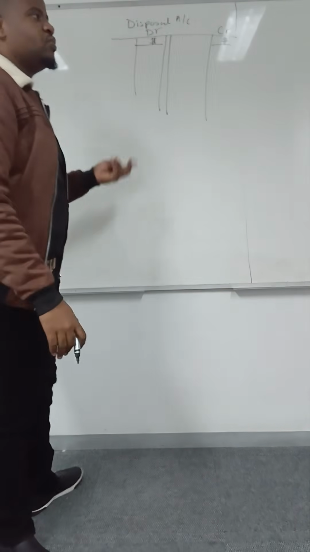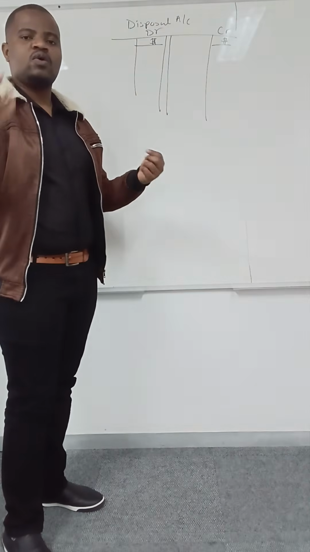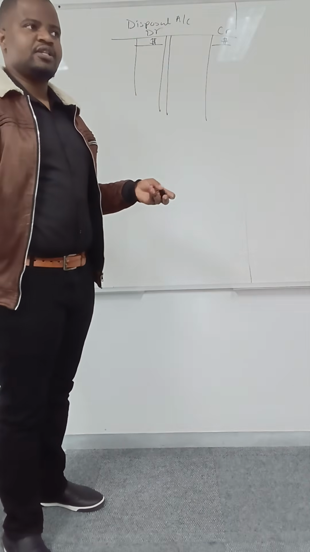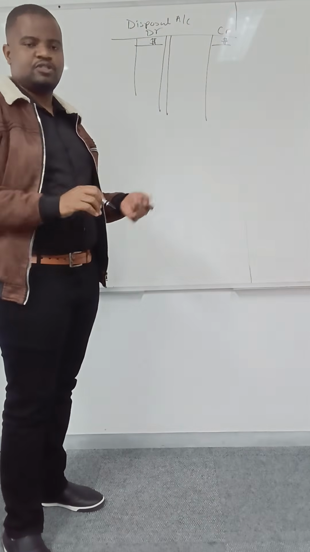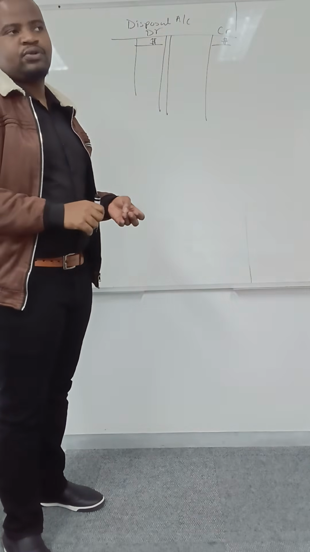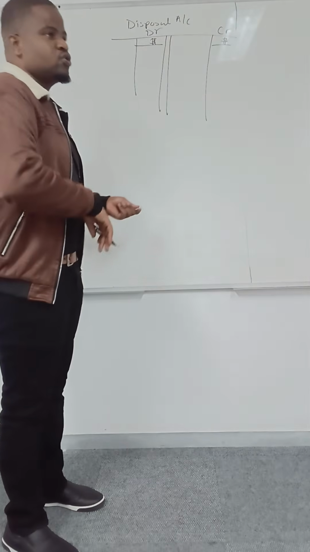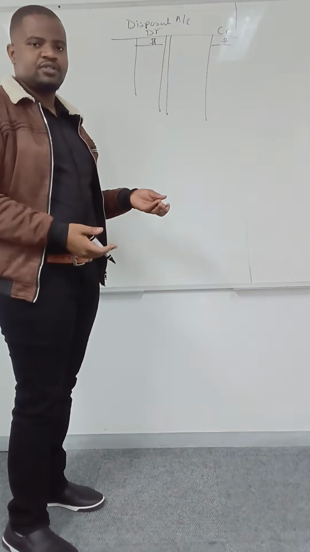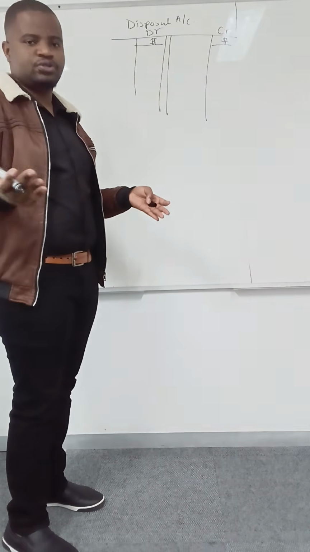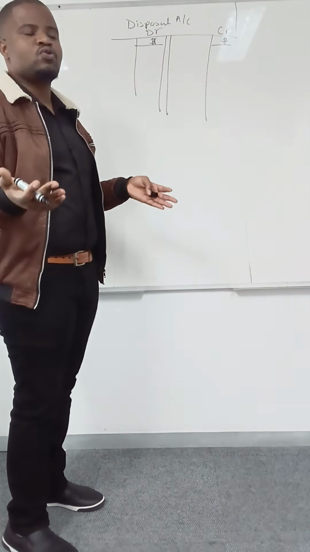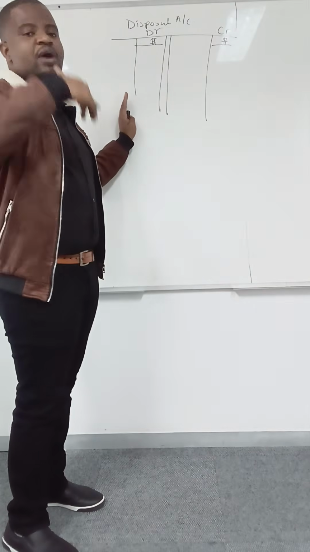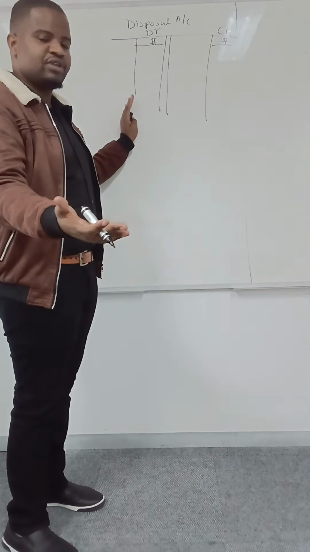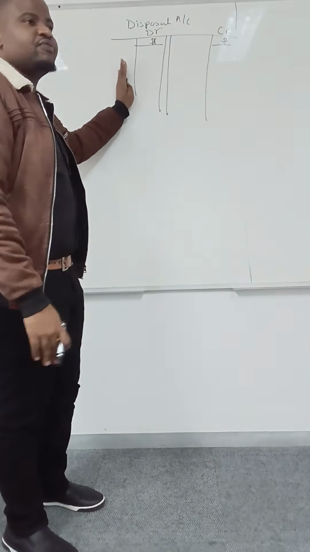So what we are going to do here is go back to the asset account, checking where we wrote disposal. Everywhere there is disposal, we want to complete the double entry. In our asset account, on the credit side, we wrote disposal. So to complete the double entry from the asset account to the disposal account, we move from the credit side of the asset account to the debit side of the disposal account.